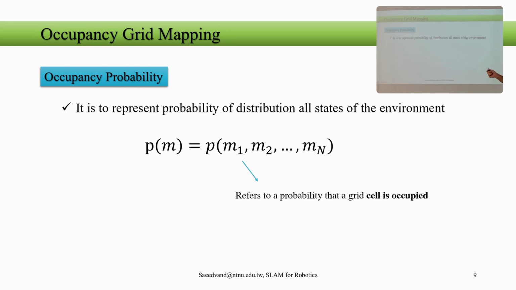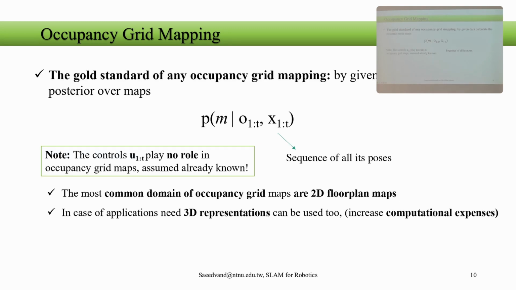So we say occupancy probability is the distribution of all states of the environment, and we can also represent that. If in the previous slide we showed probability of mi, we can show the probability of m itself, the whole map, is equal to the product of the probabilities of each one of the individual items, where i is equal to 1 to n. So formulating the whole construction of the map.